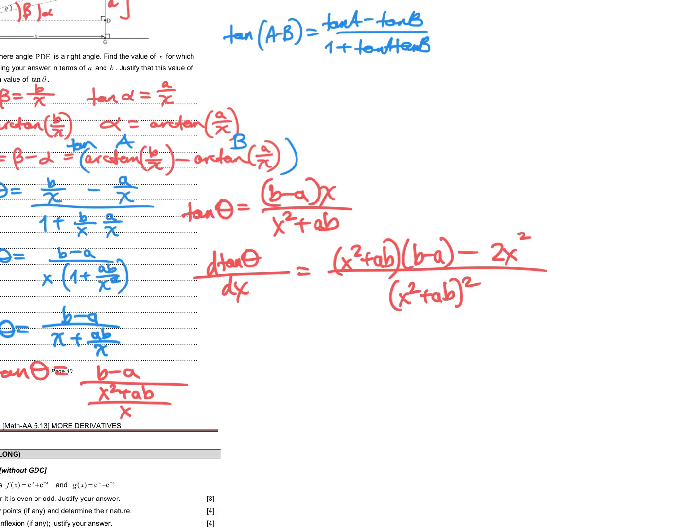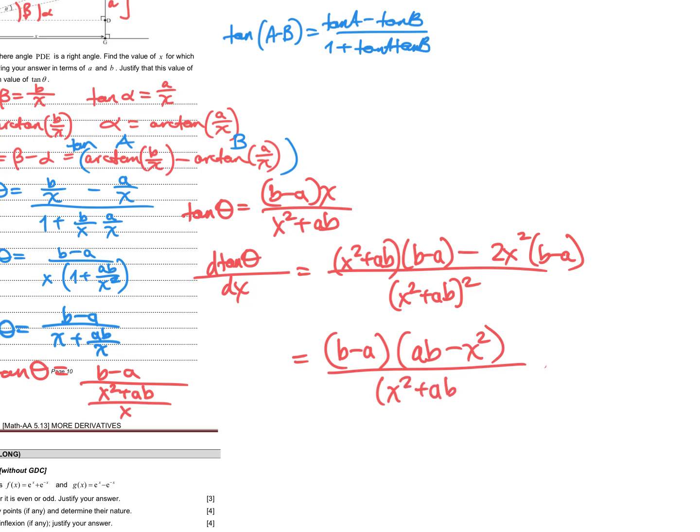So another x is x squared, B minus A. And we can factor out a B minus A, and then we're going to have x squared plus AB minus 2x squared. Okay, and then that is going to be AB minus x squared, and then that's all over x squared plus AB squared.